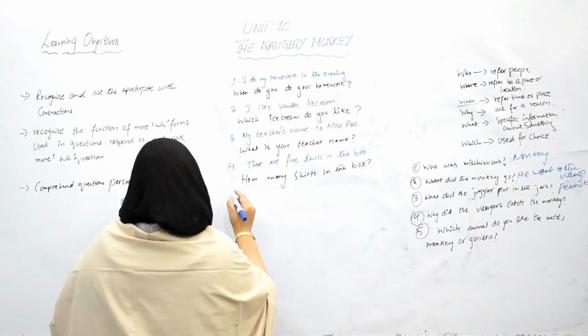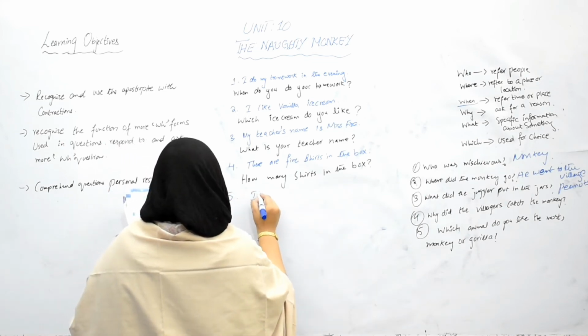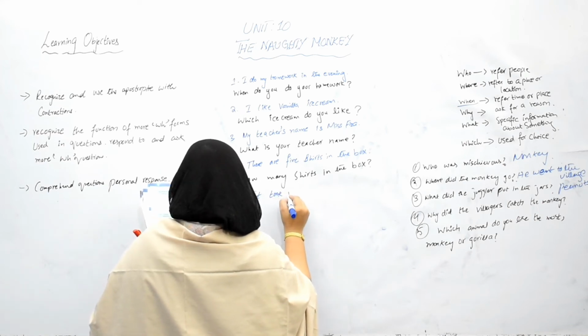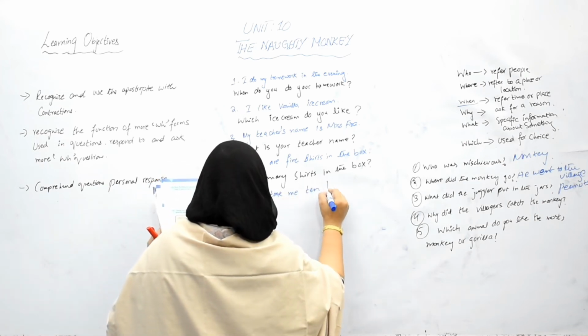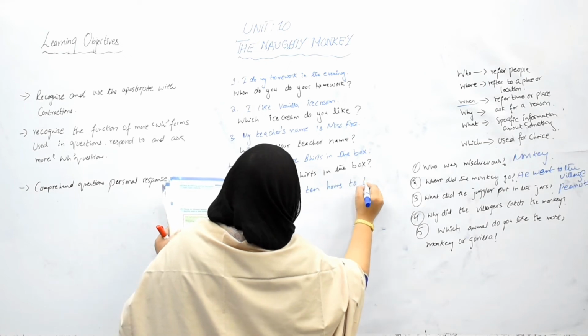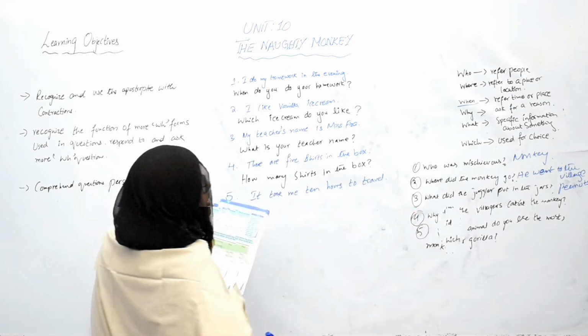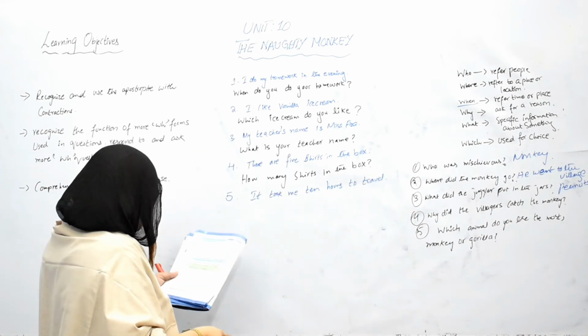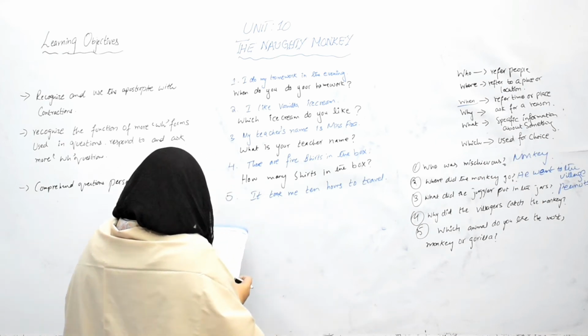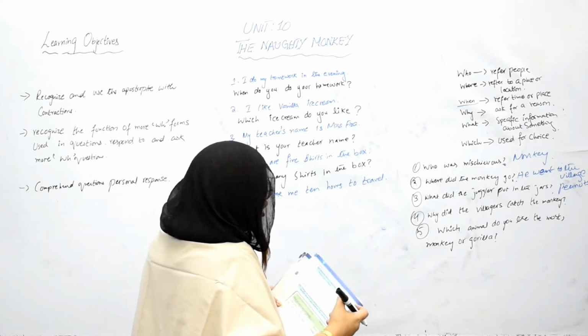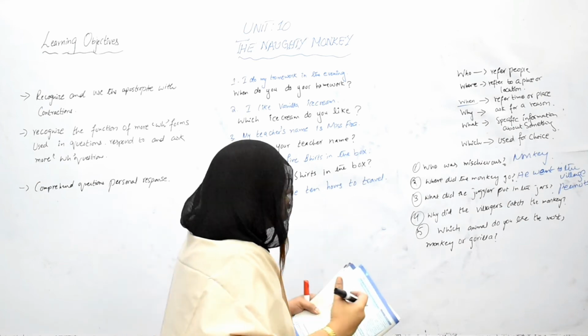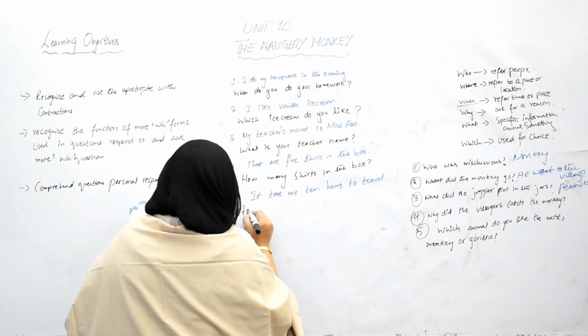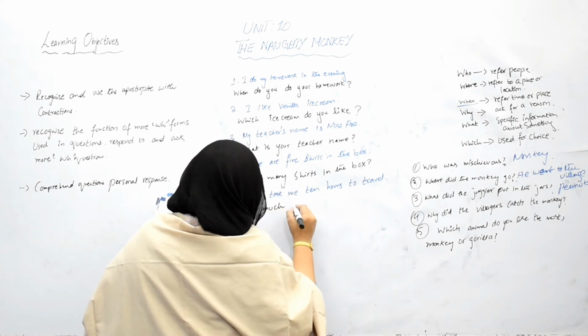Number 5: it took me 10 hours to travel. Now I'm going to make a question form of this. For example, how much, well, quantity about that. So I'm using that word: how much.